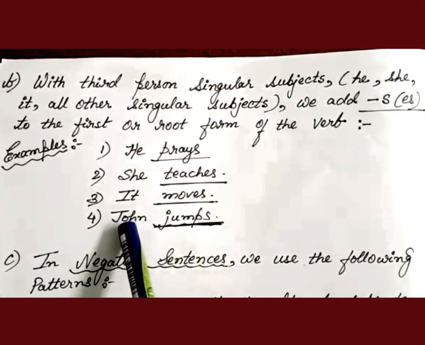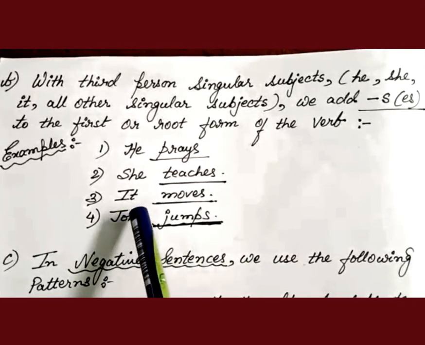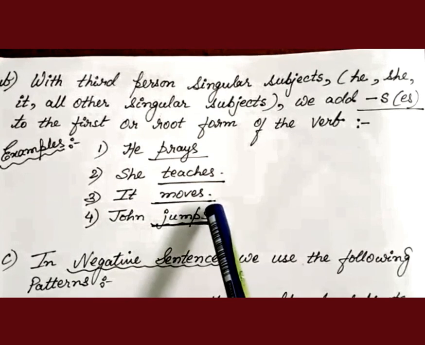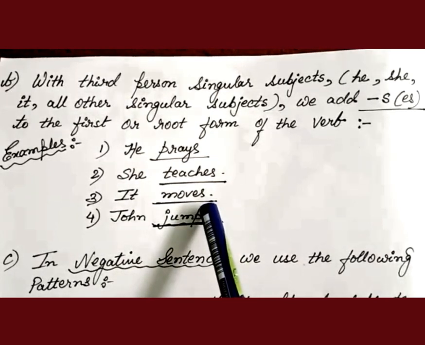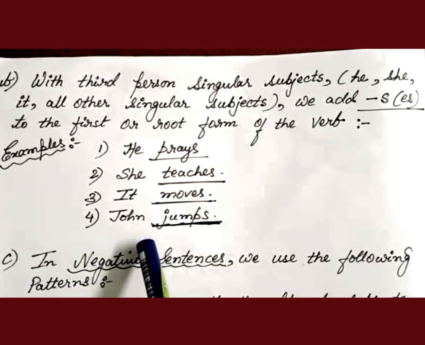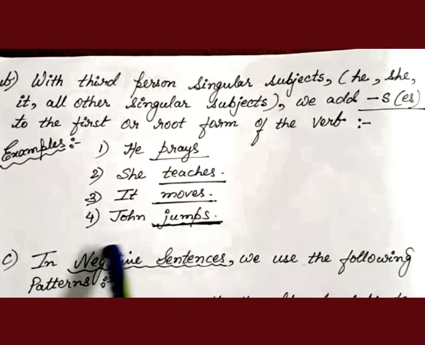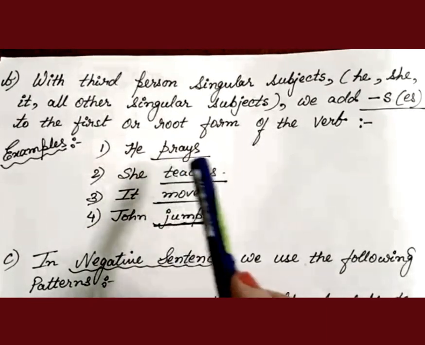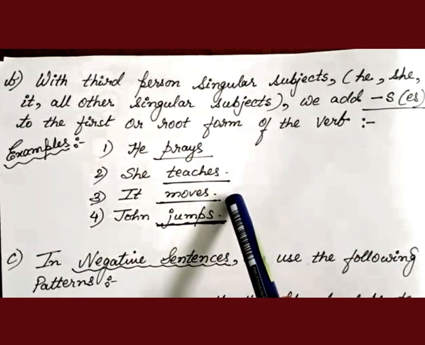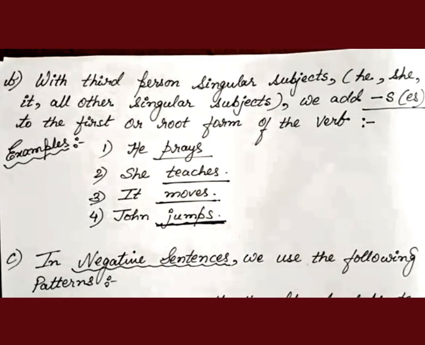Another third person singular subject it, which goes with move, and at the end we have added s. And the other singular subject John, which goes with jump, and we have added s. So John jumps. So it's he prays, she teaches, it moves, John jumps.